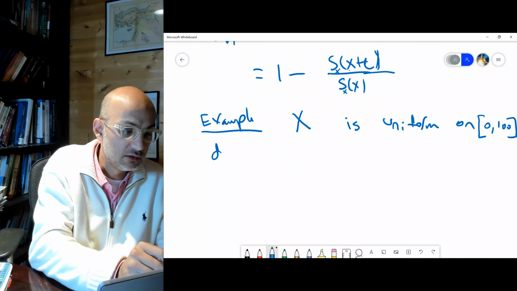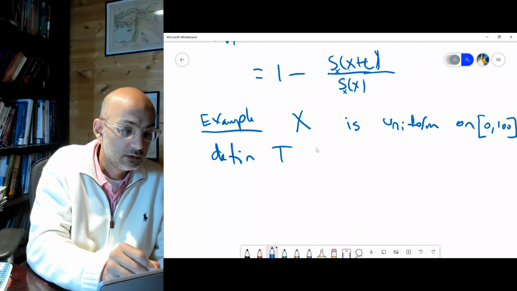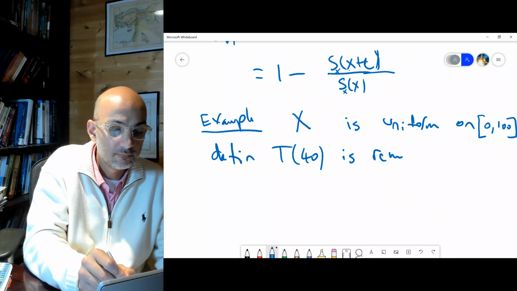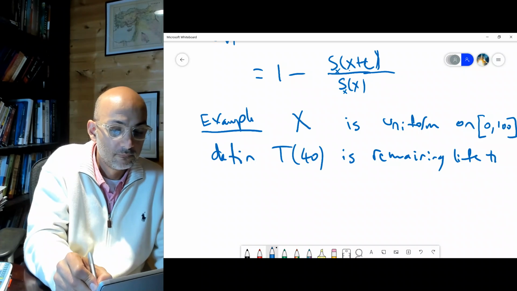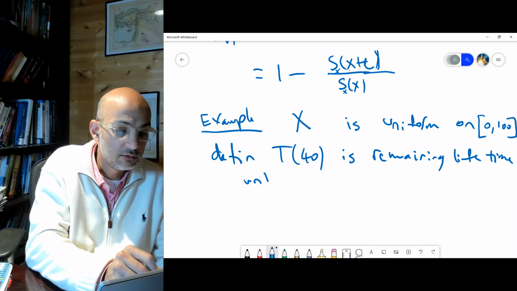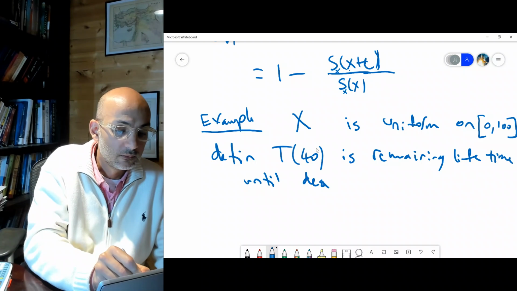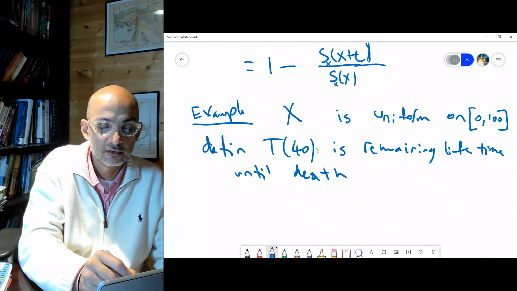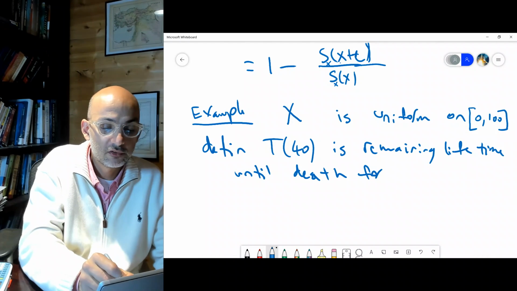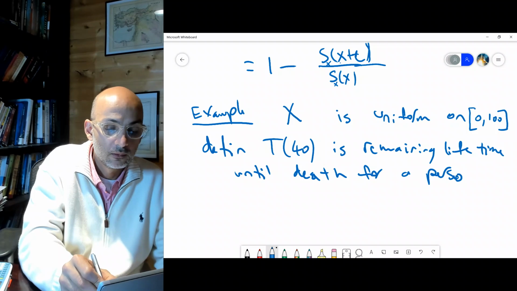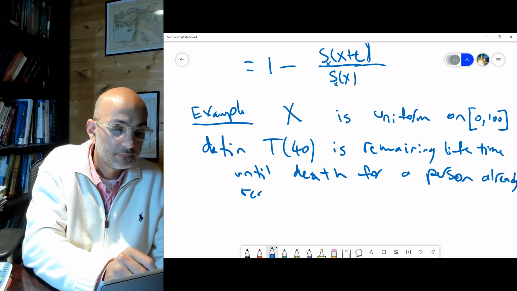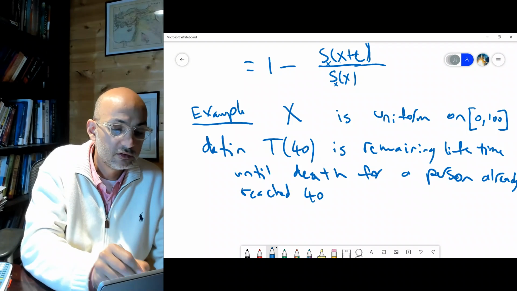Let's define T of 40 as the remaining lifetime until death for a person who already reached 40. So this is what we wanted.